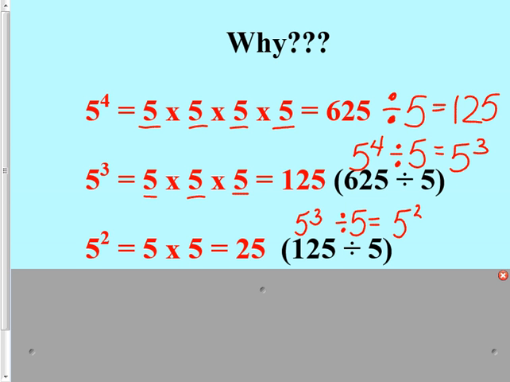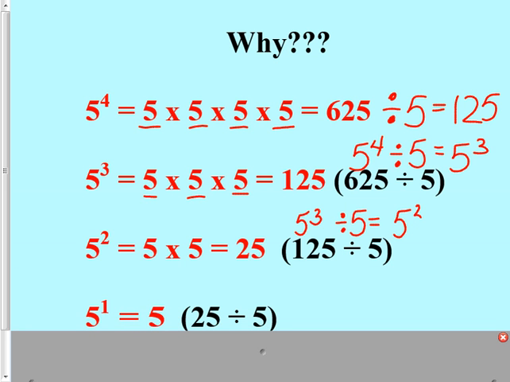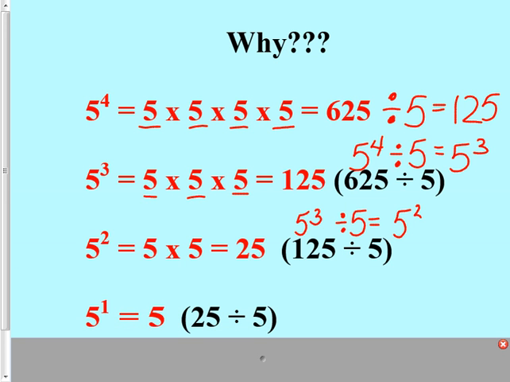So 5 to the 3rd power divided by 5 is 5 squared. Taking it a step further, 5 to the 1st power we know is equal to 5. And if we think about it, that's really 25, which is the value of 5 squared, divided by 5, the base, gives us the value of 5 to the 1st power.